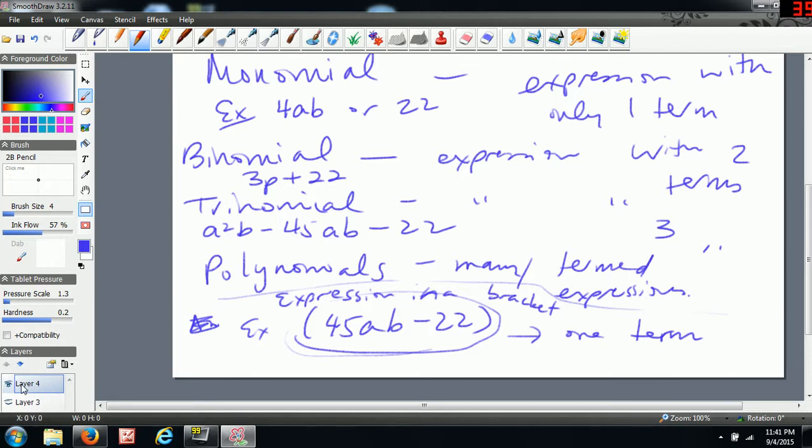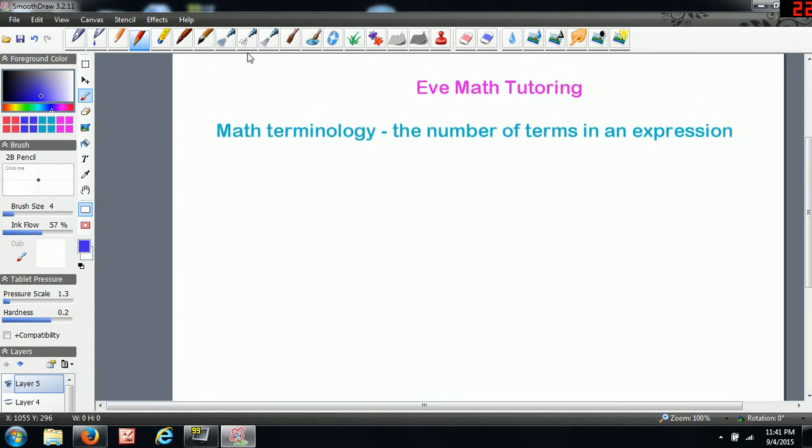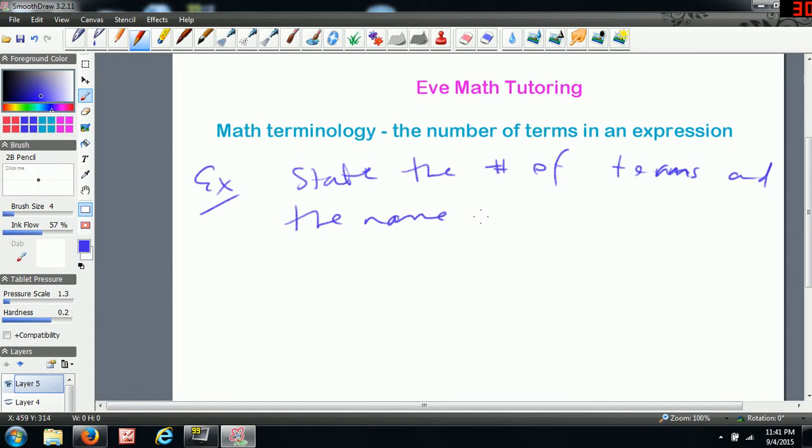I'm just going to do a few more examples. So if we're asked the question, state the number of terms and the name of each expression, and we have the following.